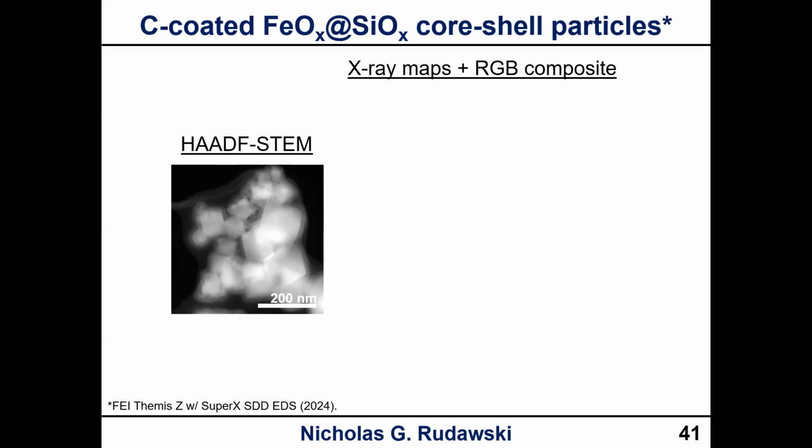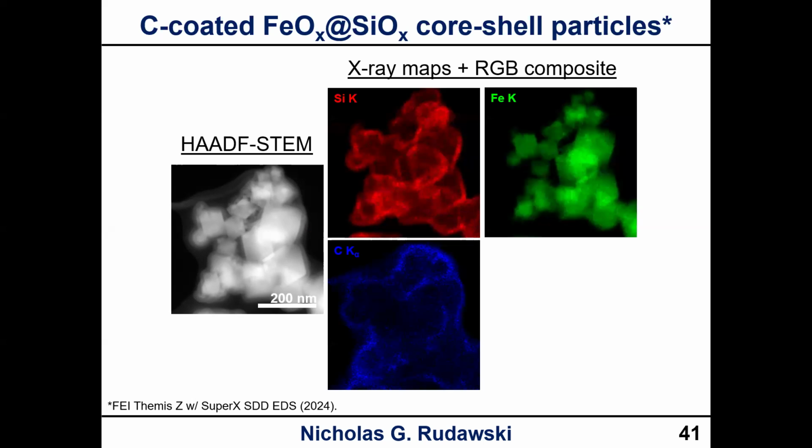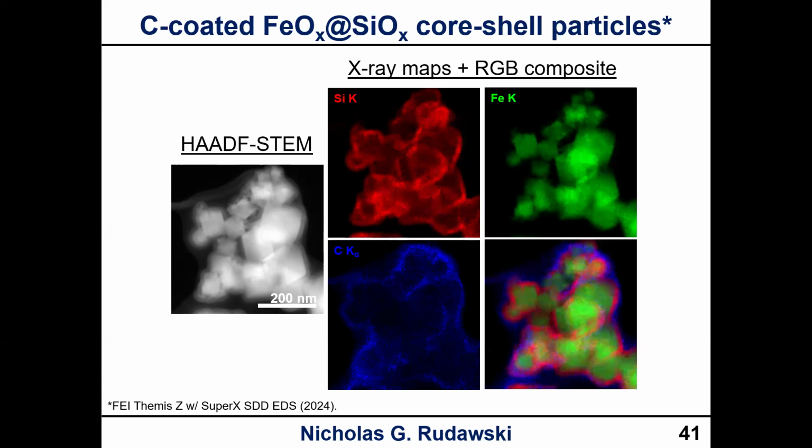So again, to get a complete characterization, we can go to the STEM-EDS SI. If we do this for the silicon K, the iron K, and the carbon K alpha, again, because carbon K does not have a beta, and then we overlay them, we can actually see the shell there. So the carbon shell was actually there, even though it wasn't very obvious in the HAADF-STEM image.